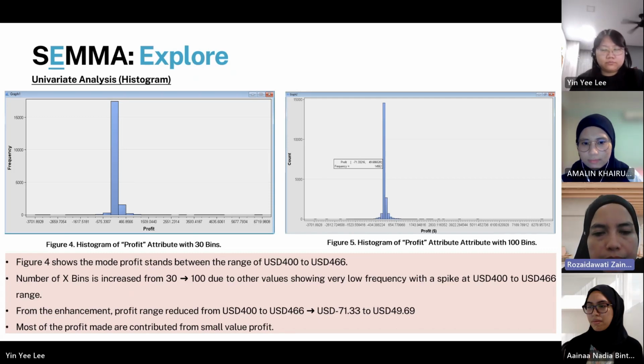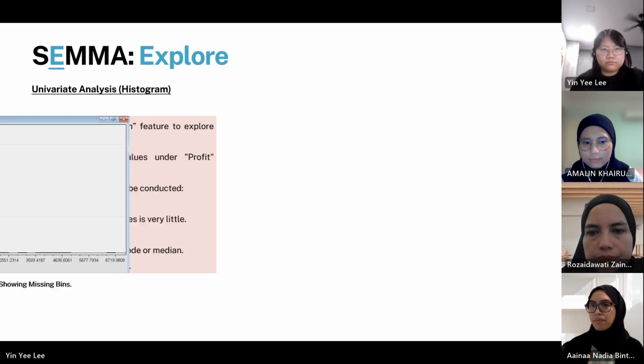From this enhancement, profit range reduced to USD negative 71 to USD 49, showing that the most profit made contributed from small value profit. Next slide, please.